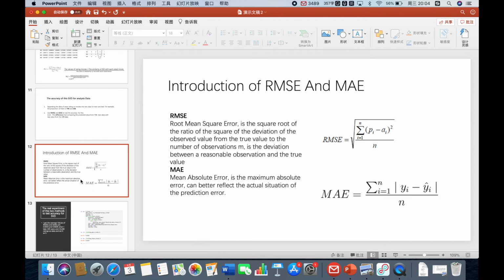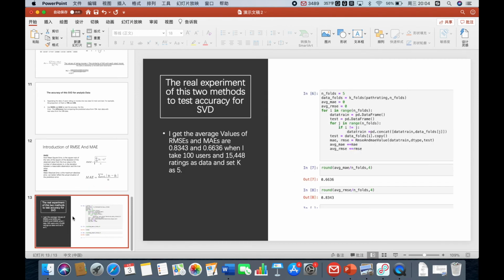Okay, here is the last experiment. Because my computer is small and can't handle a lot of data, I just take 100 users and 50,000 ratings to do the test, and then I set k as 5. What's k? The k is the number of times you want to train.